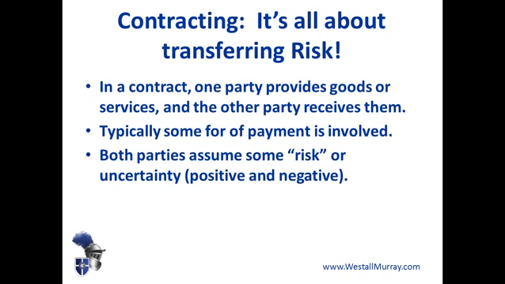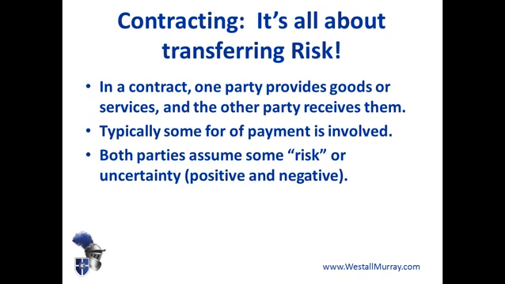Now, in a contractual agreement, there is some risk or uncertainty for both parties. The seller might have some uncertainty about whether or not they can make a profit. The buyer might have some uncertainty about the eventual price, or potentially about the quality of what might be delivered. As explained in one of my other videos, risk can be both positive and negative.